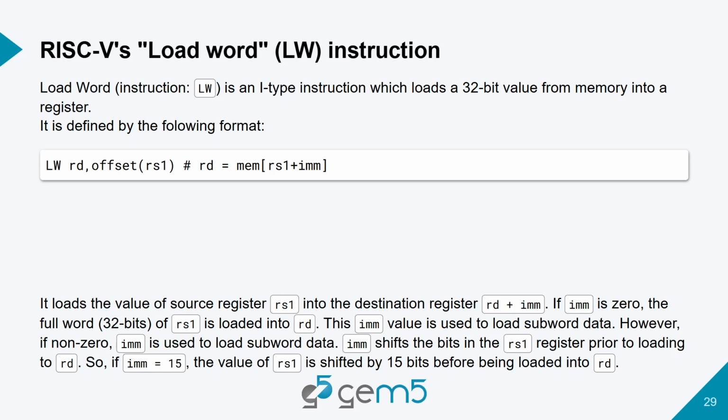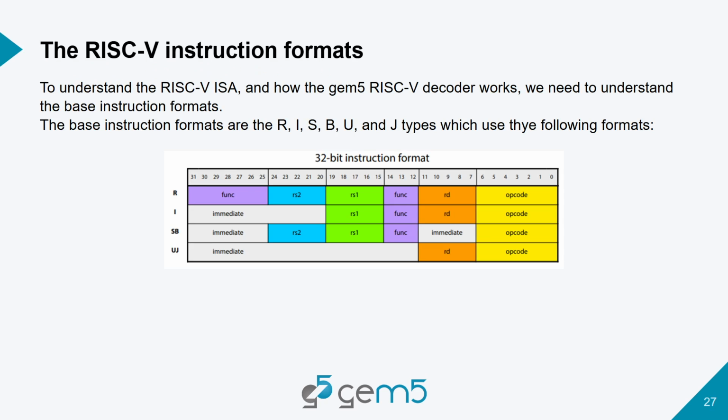So remember here, it's an I-type instruction. So go back here. We expect there to be an immediate, a function, a source register, and a destination register. In the I-type instructions, we've obviously got the opcode, the destination register, a source register, and an immediate value.